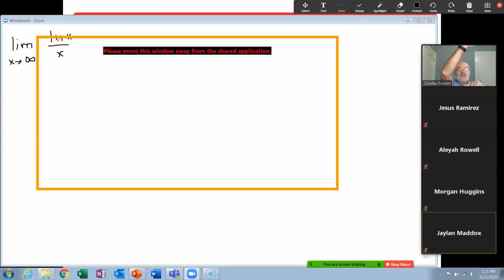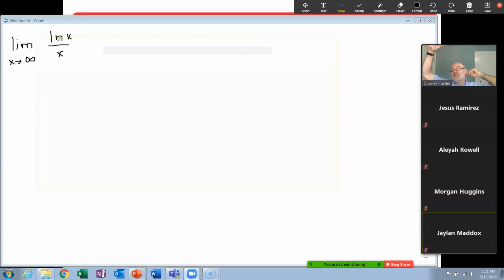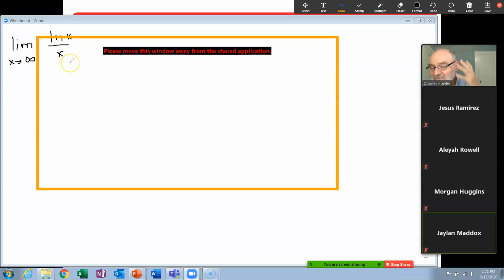Remember, the log function is a decreasing increase, whereas the identity function is a constant increase. So you might get the idea that log x is going to infinity more slowly than x is, and indeed that's right, so therefore that may not be indeterminate any longer. But that's just a general view of it.